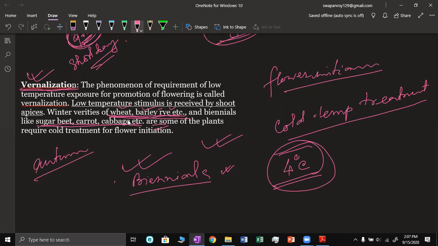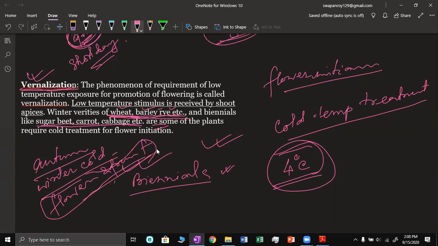They are sown in autumn and pass through the winter cold, and after winter they flower and fruit, and by the beginning of the summer these plants are harvested. So this is vernalization.